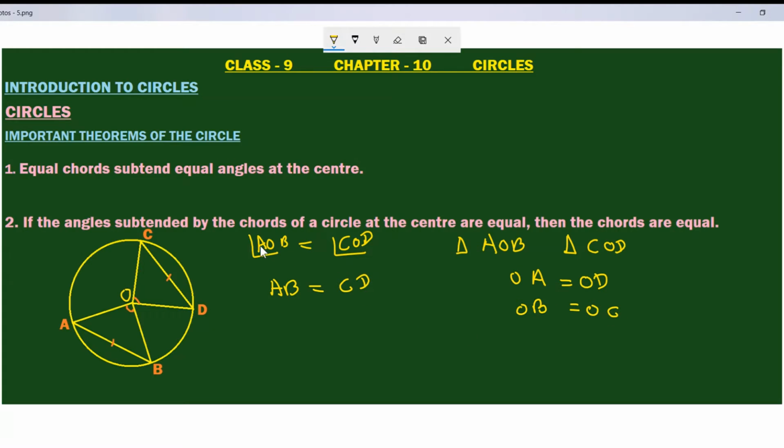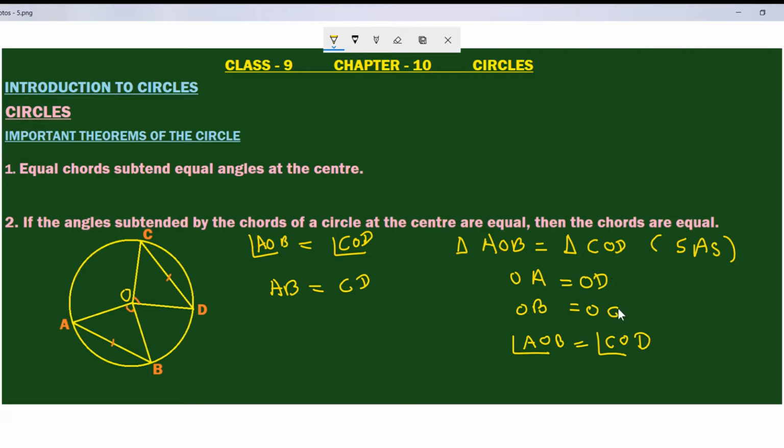And in the theorem they have given that angles AOB and COD are equal. So angle AOB is equivalent to angle COD. Now you can see these two sides and their included angle are equal. So we can prove these two triangles are congruent to each other by the SAS rule.